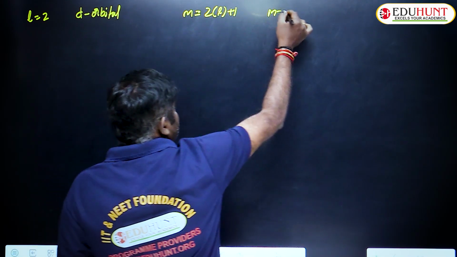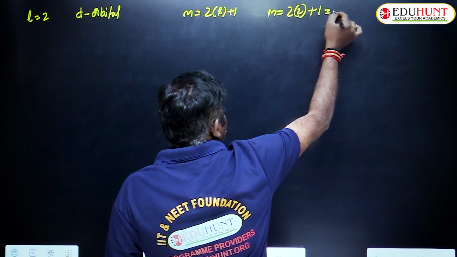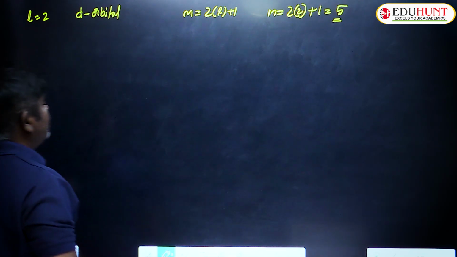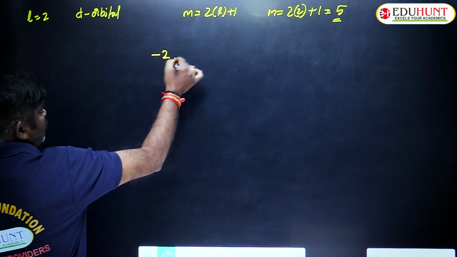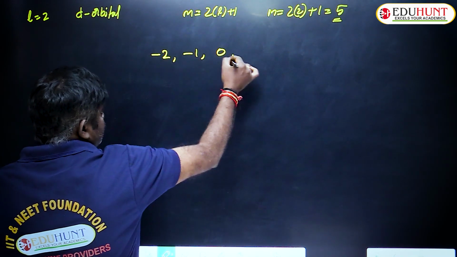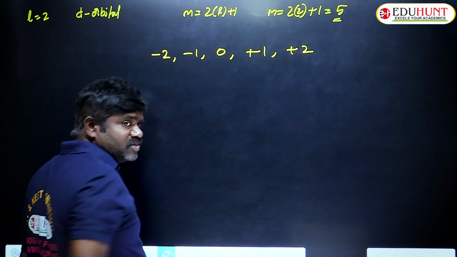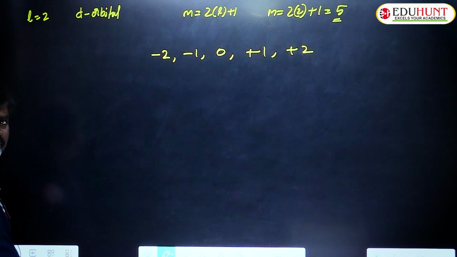For the d orbital, M is equal to 2 into 2 plus 1, which is 5 orbitals. Means 5 values are possible. What are those values? Minus 2, minus 1, 0, plus 1 and plus 2. So these are 5 values, that is minus 2 to plus 2.